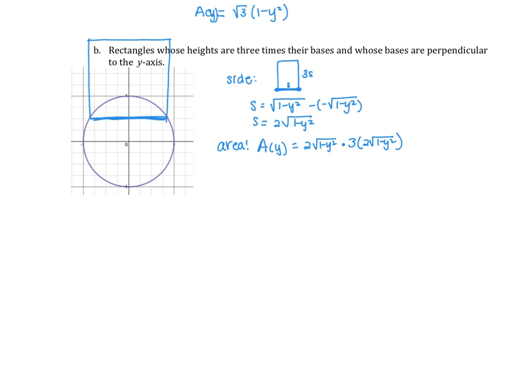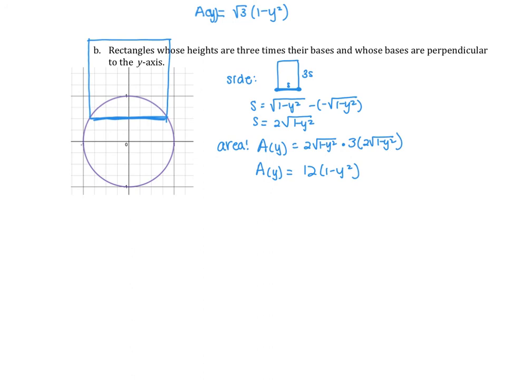Okay, so combining these, the area of y is 2 times 3 times 2, which is 12, and root 1 minus y squared times root 1 minus y squared. So we'll put 12 times 1 minus y squared.